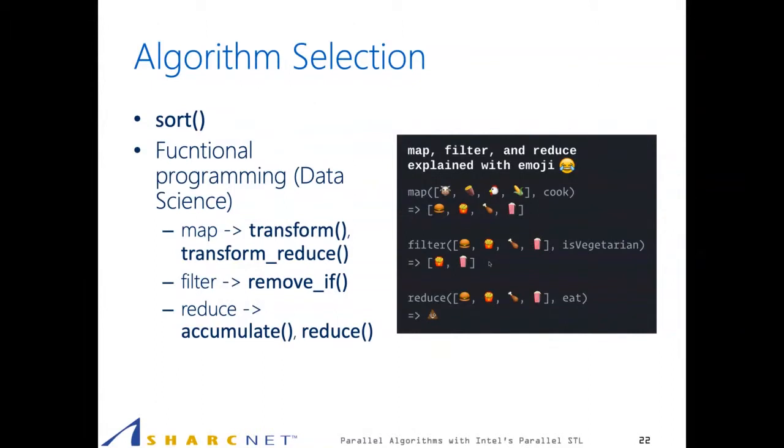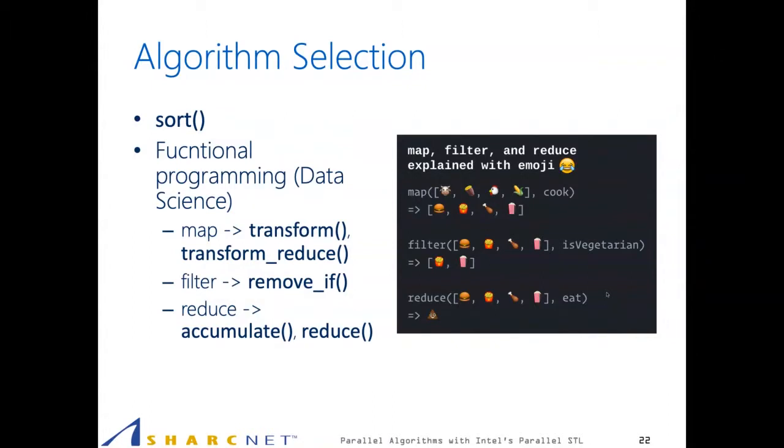I also selected some functional programming algorithms, which are really common in data science: map, filter, and reduce. You can see the emoji version of map, filter, and reduce and how they do their things.